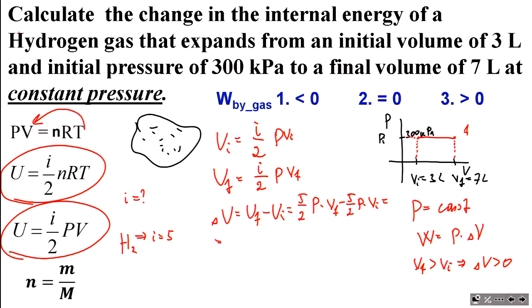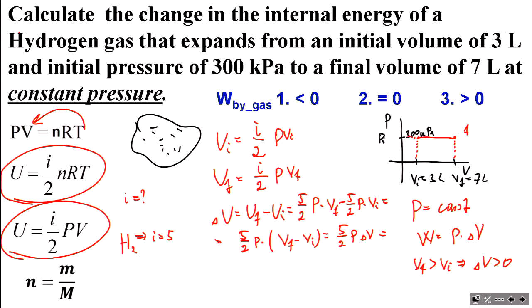Now we have to use our knowledge of algebra. 5, 1/2, and P represent common factors. We can pull them outside of the parentheses, and what we have in parentheses is the change in the volume. So this is an equation that was yesterday on one of the slides for the isochoric process, which relates the change in the internal energy, pressure, and the change in the volume.